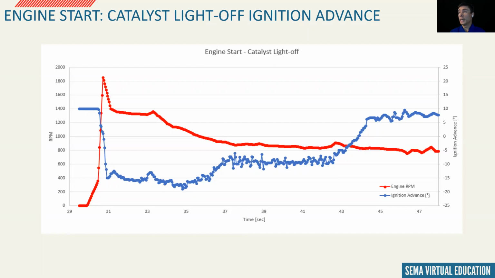The catalyst will become active at around 250 C. We want to focus on getting the catalyst to this target as fast as possible. To aid in this, we should target about 10 to 15 degrees after top dead center for the ignition advance. This is what is referred to as catalyst light off.